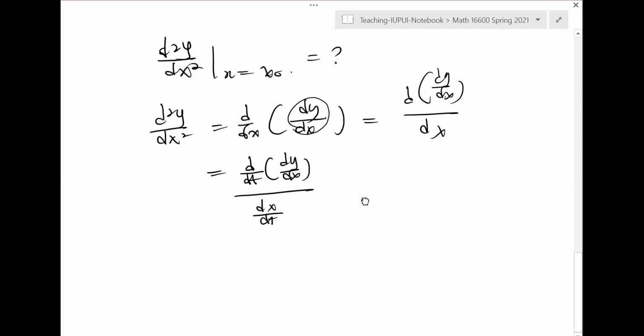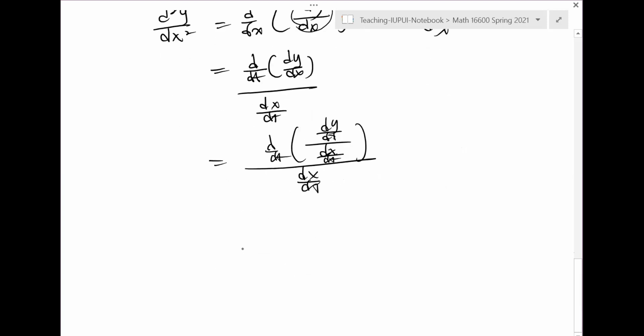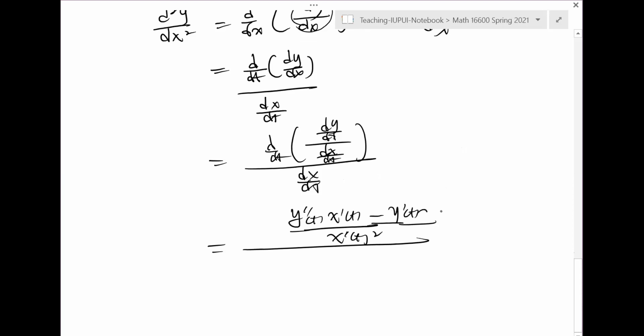Now we already have this, dy/dt over dx/dt. Then you use the quotient rule for the numerator. So you get, let's just use x prime: x prime of t squared, and this is y double prime, minus y prime t times x double prime t.